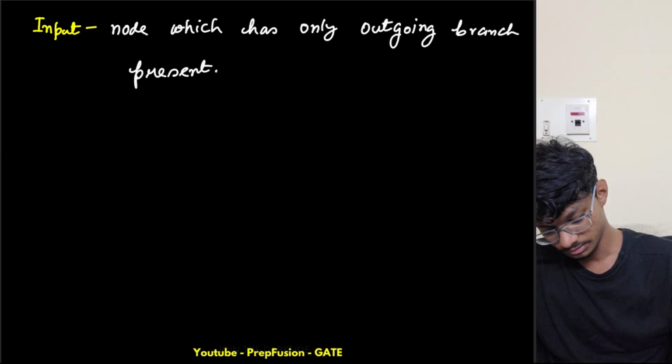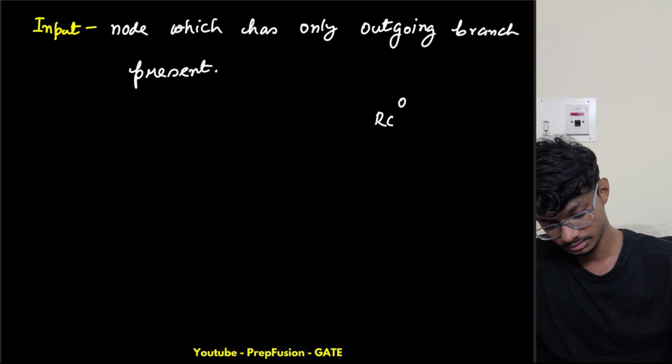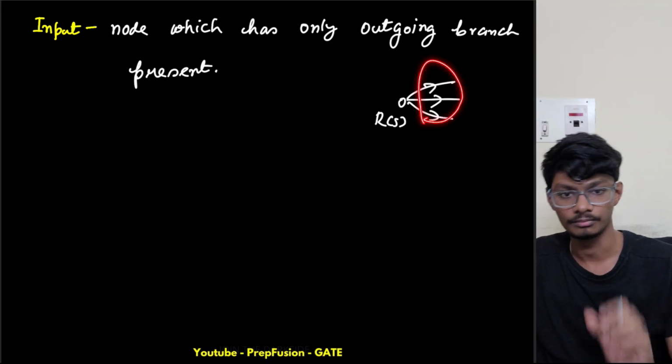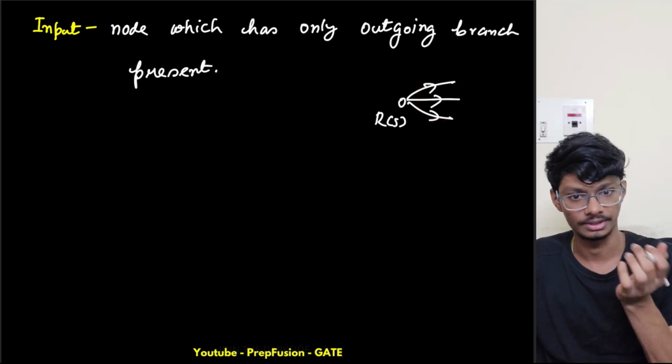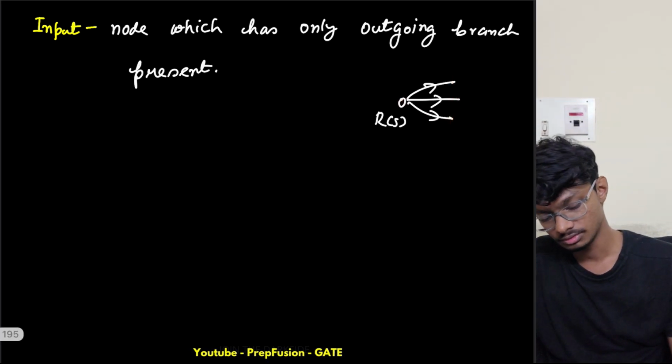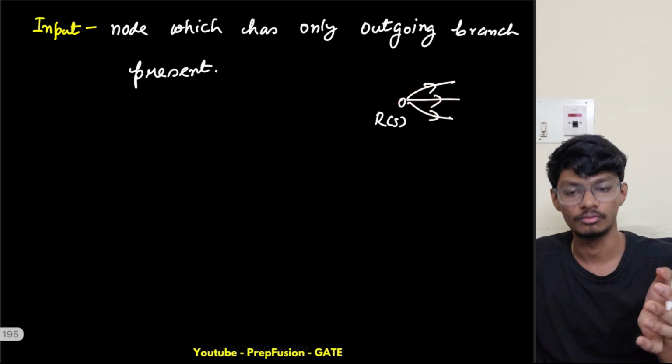Let me take an example. Let's say this is R of S. Only branches will flow out of it. The paths between two nodes are known as branches. So these are branches between two nodes, and the signal will flow only out of that node.